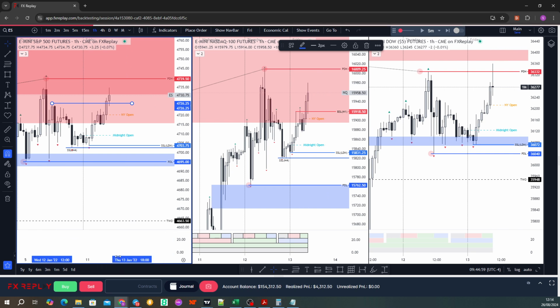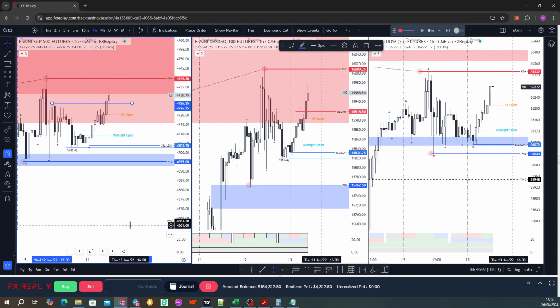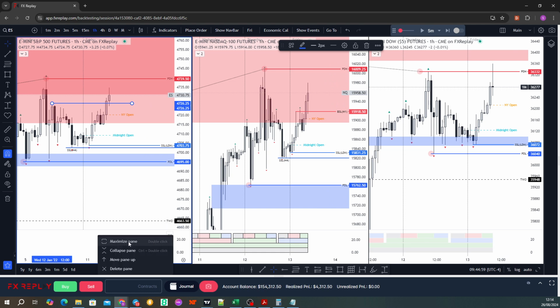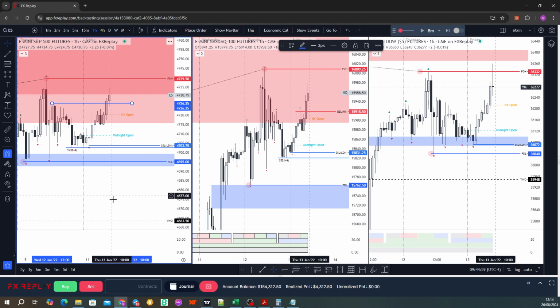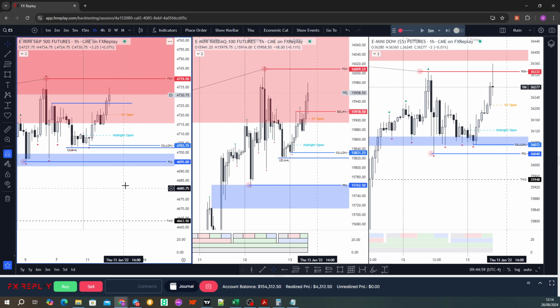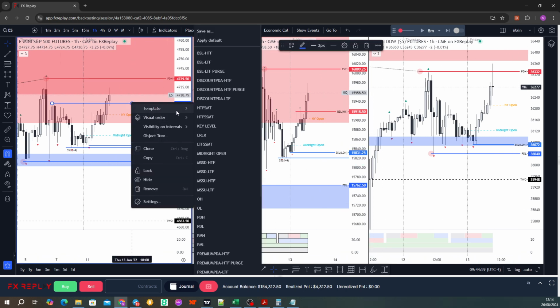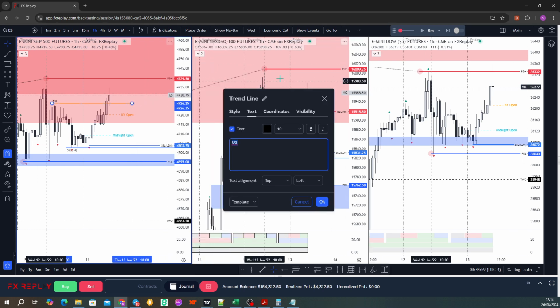Where's this gone? Ooh. Use this, but it's not the right colour.